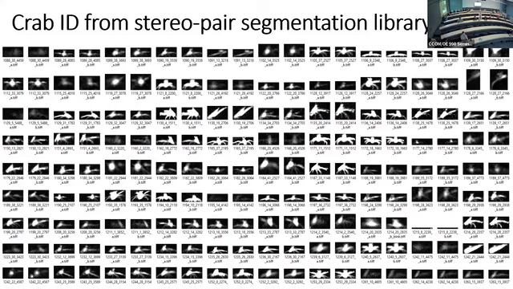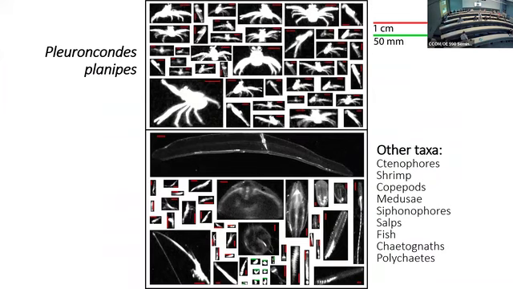For this project, we were really focused on the squat lobsters. So I spent a couple months manually identifying all the crabs. All this work was to get the crab classifications and their abundance manually. To provide some sense of the imagery, you can see in the upper panel a lot of instances of these Pleuroncodes planipes after all this image processing.